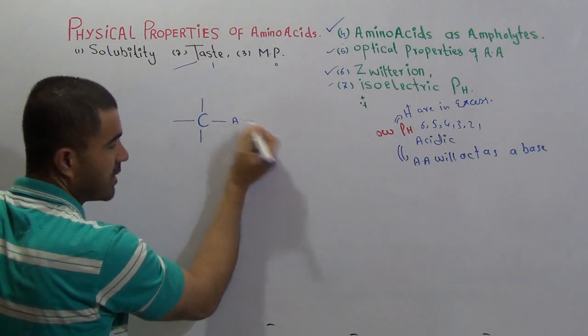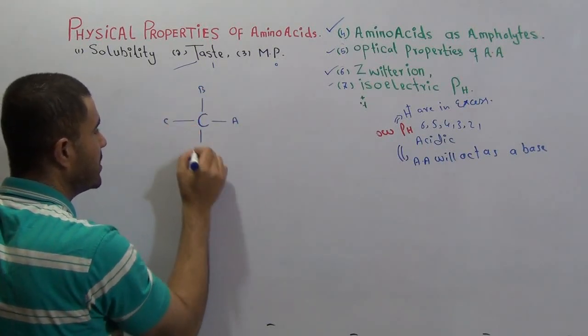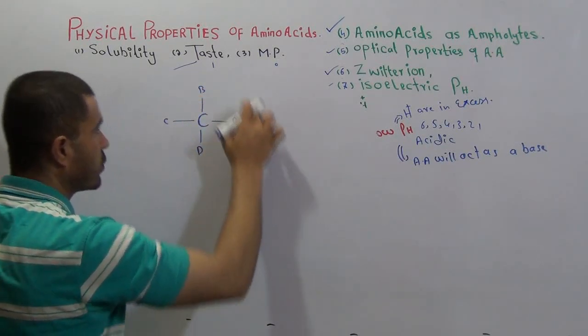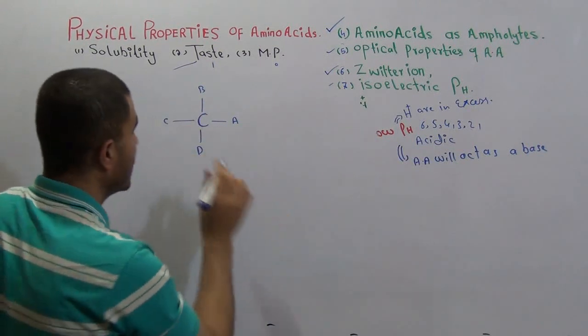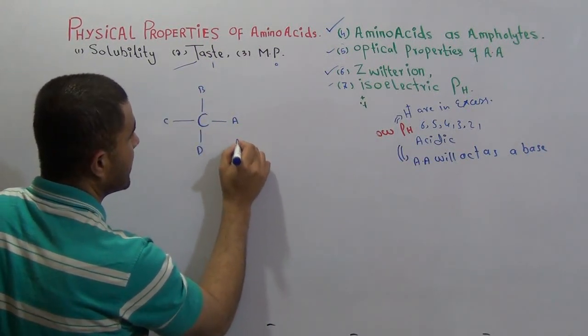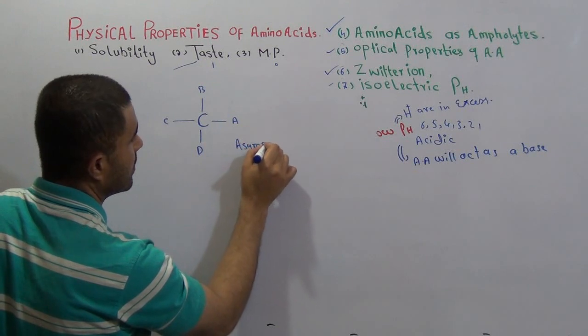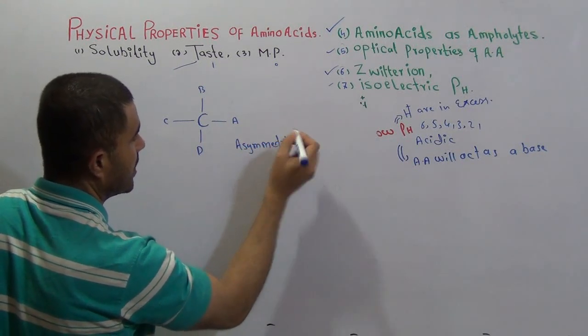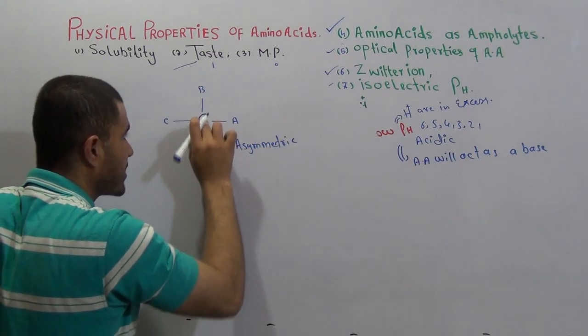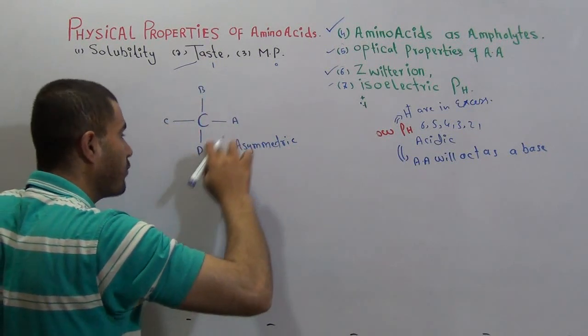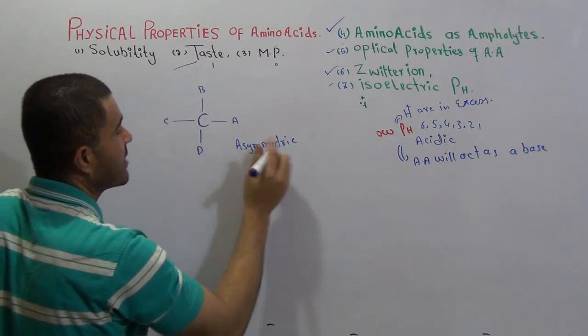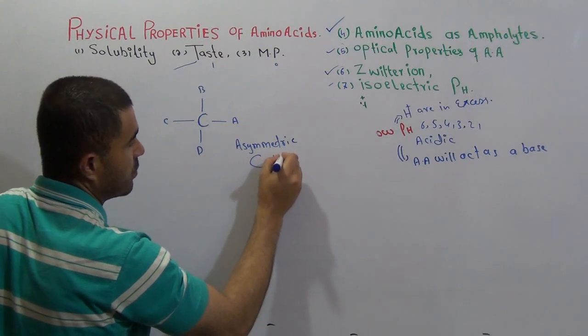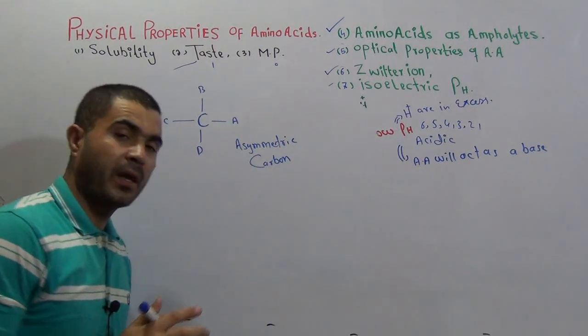Let's suppose here A, B, C, D. If 4 different groups are attached to a central atom, we call this molecule asymmetric. And if it is carbon with 4 different groups around it, we call it asymmetric carbon.